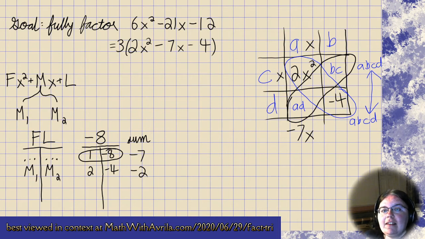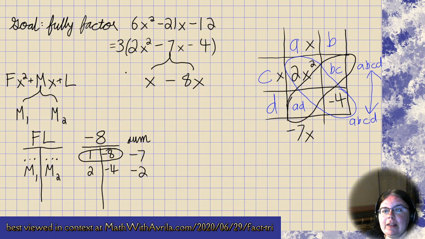That tells us how we can split that middle term. This is awesome! So let's split that middle term from negative 7x to x minus 8x. See how if we combined those like terms we would get negative 7x?